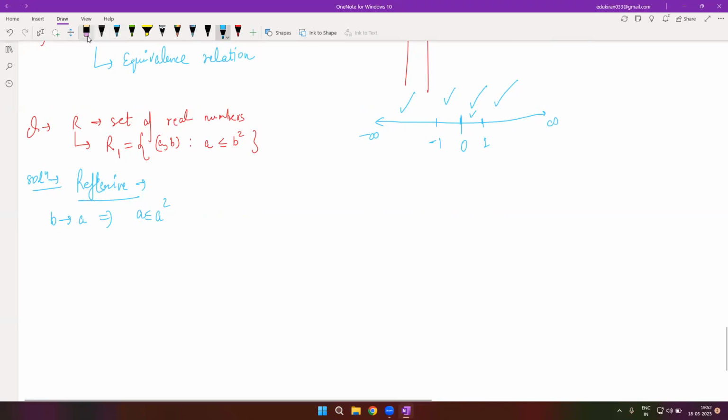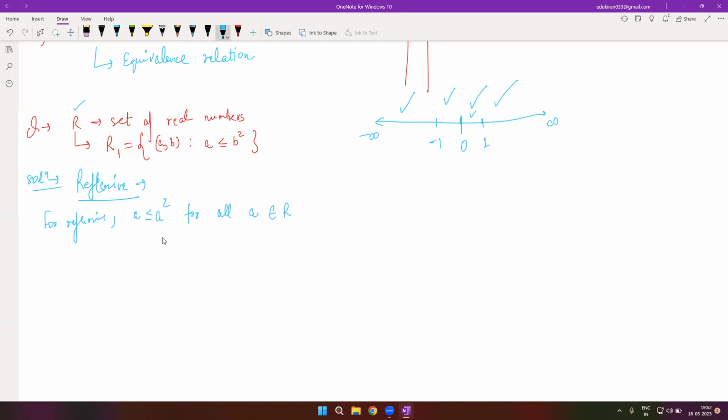Or we could have written directly that for reflexive, A should be less than equal to A square for all A belongs to R. That is, for all real numbers, this condition must be satisfied.